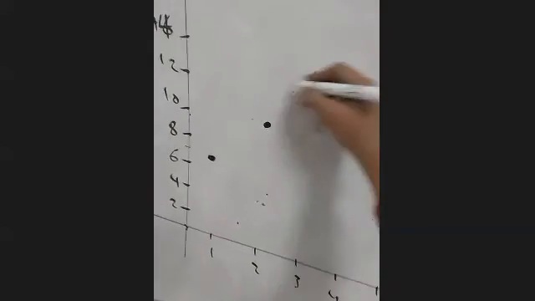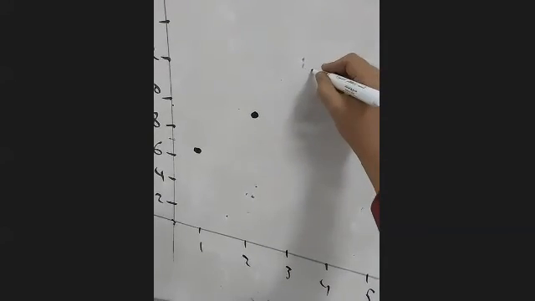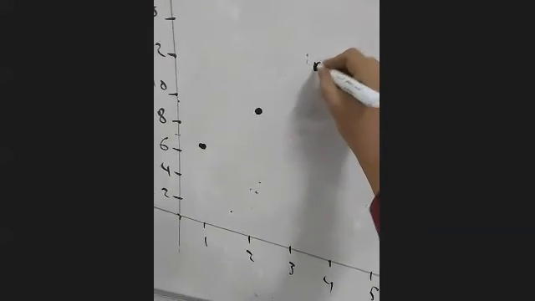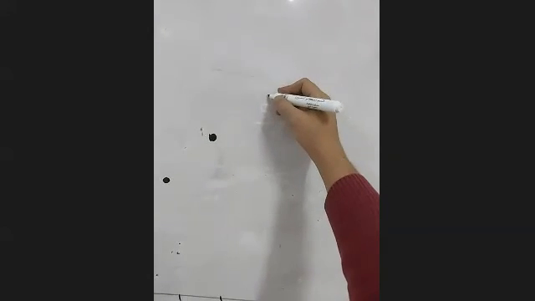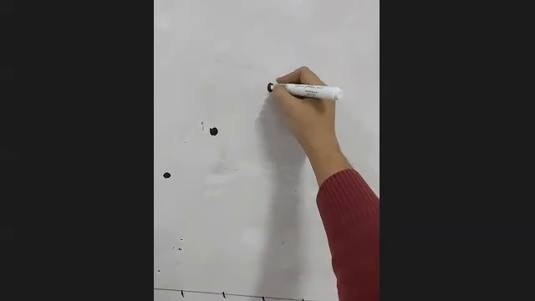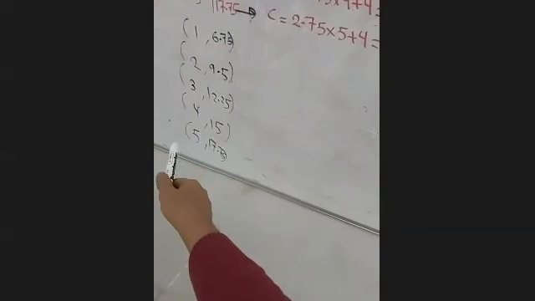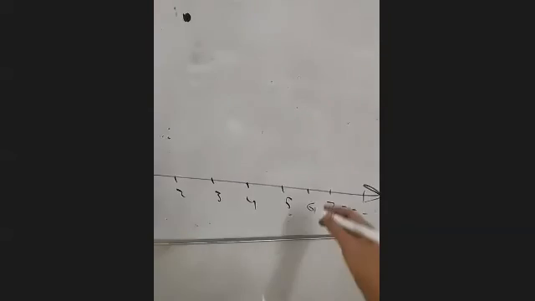3 with 12.25, same idea. This is a 3, and this is approximated 12.25. 4 with 15. This is 4, guys. Go up until you get 15. The 15 is between 14 and 16. It will be, for example, here. And 5 with 17.75, this is 5.